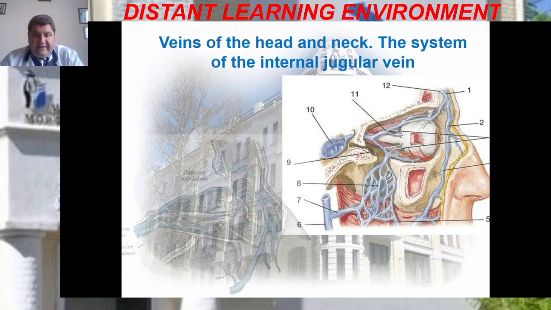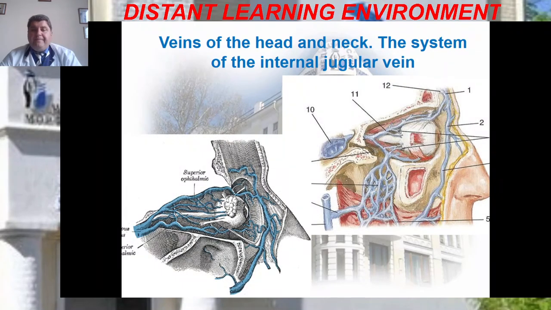On this picture you may see the ophthalmic veins, which pass from the eyeball and its surroundings.